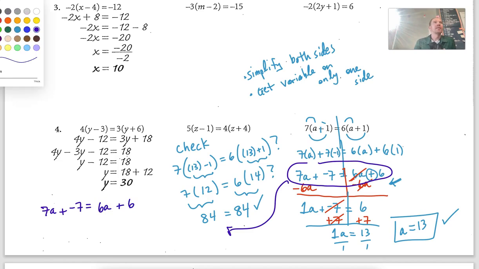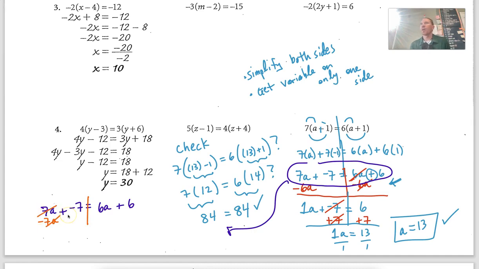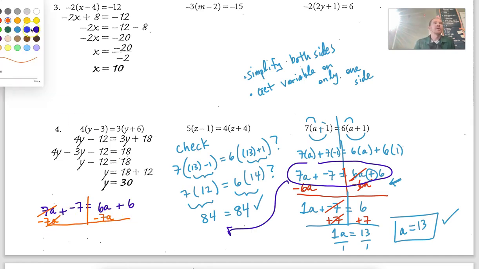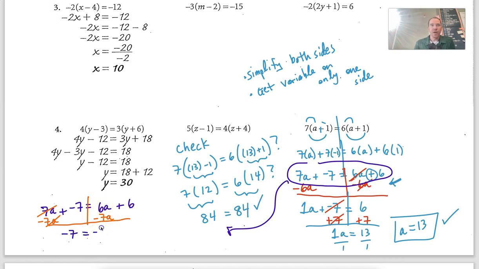But what you would do if you keep it on the right, it means you're canceling it on the left. So you'd have to take away 7 apples so that you don't have any more apples on the left. And as long as you balance, you're good. But notice what happens here then is we'd have a negative 7 on the left, and 6 apples take away 7 apples, so you're going to owe an apple. That's going to be negative 1a.